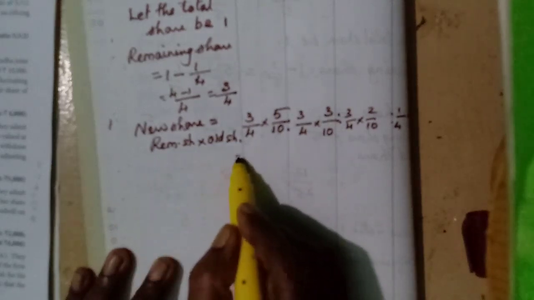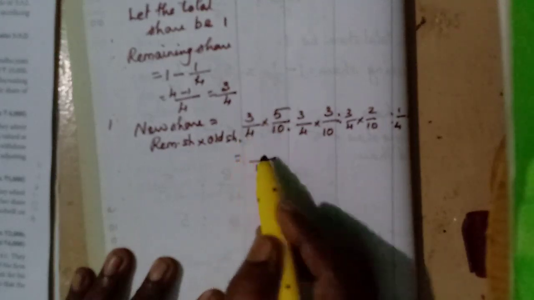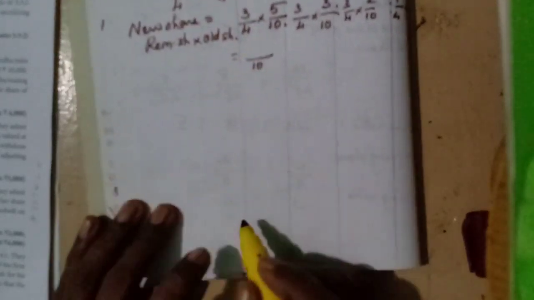Now again we will calculate. LCM 10. 3 by 4 into 10. We will calculate. Okay.